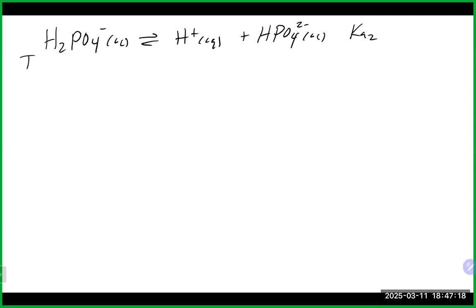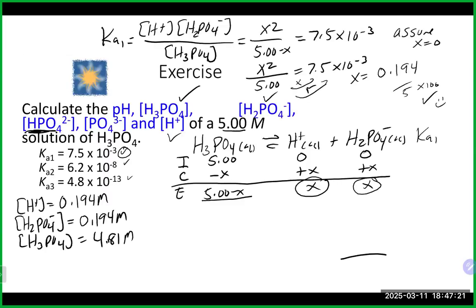So we're going to do an ice table, and we want to also look at what we just did. Do we have any of this now at this point? And we do. It is the equilibrium concentration that we got from the first table, and the first hydrogen coming off will now be our initial concentration. By the way, we also have some H plus there as well from the first H that came off. So we do have some initial concentrations.